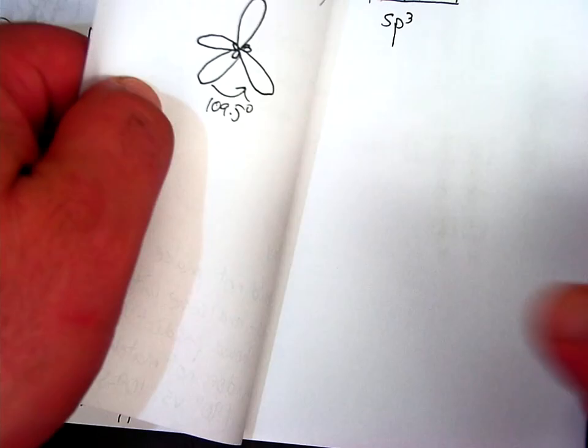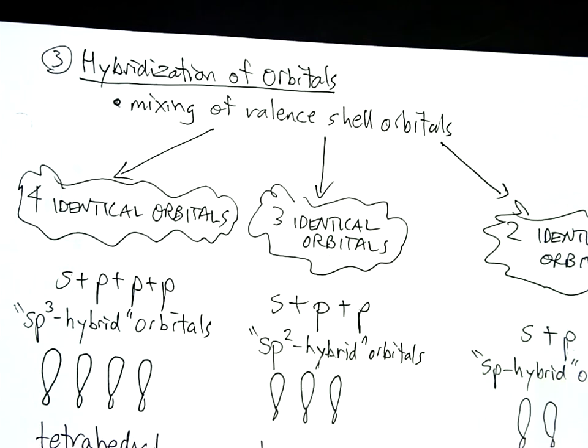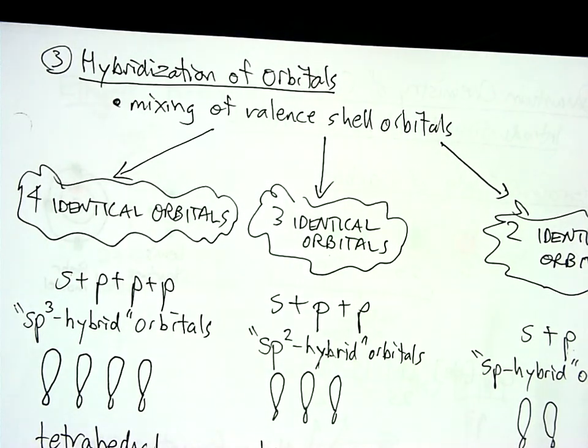So what has been postulated is that orbitals must be hybridized or mixed. So valence shell orbitals can be mixed in a variety of ways to achieve those molecular geometries that we know exist based on X-ray crystallography and the VSEPR theory.